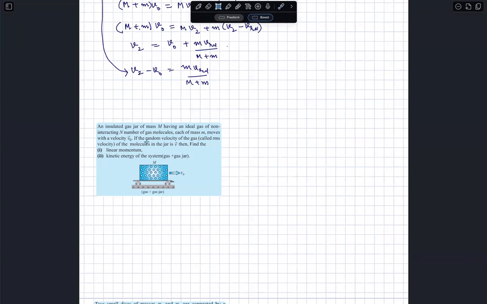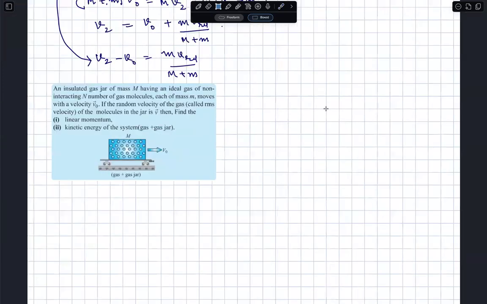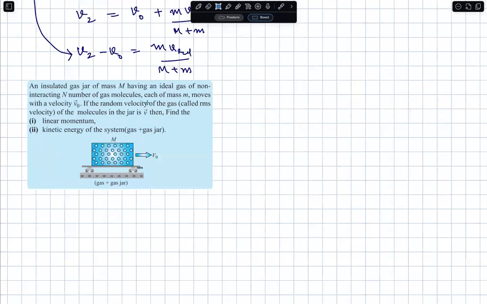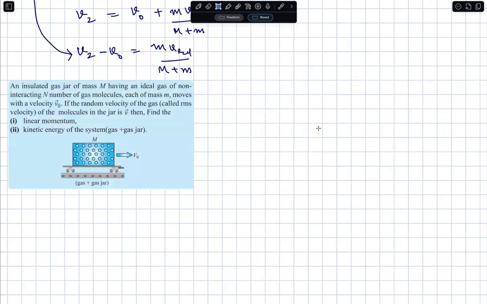Now, everyone, please go through the question here. An insulated glass jar of mass M, having an ideal gas of N non-interacting molecules, each having mass m, moves with a velocity V naught. The random velocity of the gas, called the RMS velocity of the molecules in the jar, is V bar.